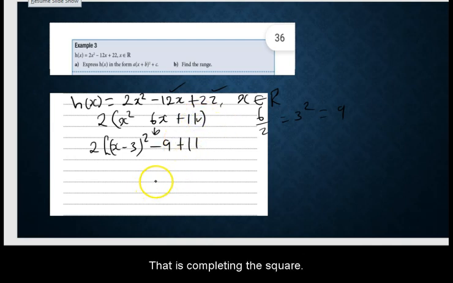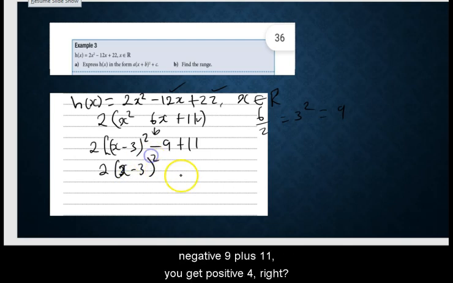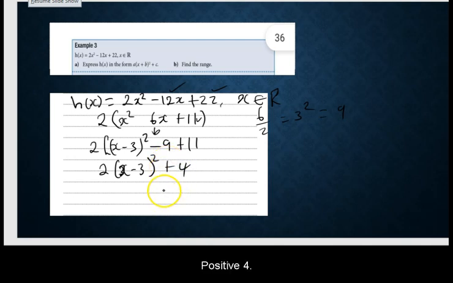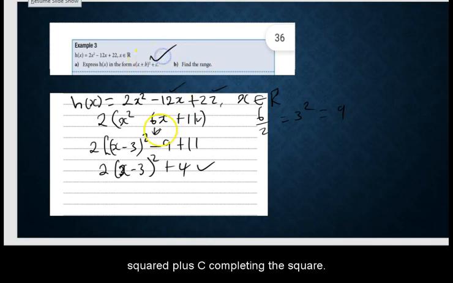That is completing the square. Simplify this to get x minus 3 squared, negative 9 plus 11, you get positive 4, right? Positive 4. So you have expressed this in the form a into x plus b squared plus c, completing the square. This is the required solution.